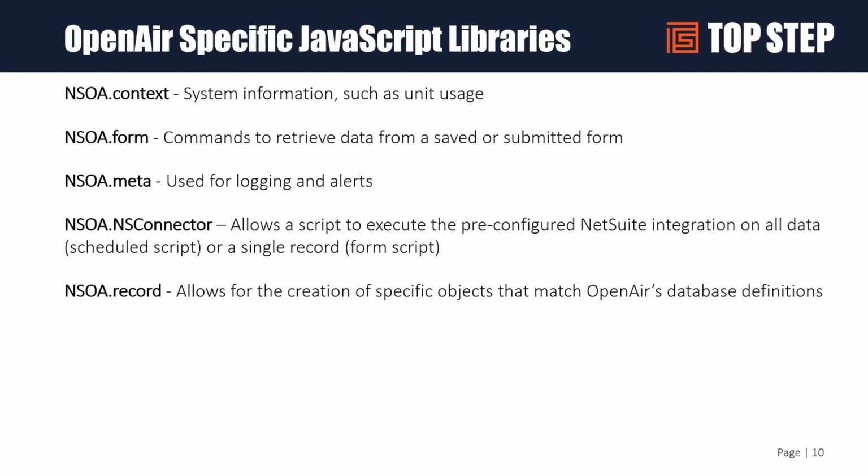The next one is the NSOA record. Allows for the creation of specific objects that match OpenAir database definition. The NSOA.record are the JavaScript objects that represent the OpenAir libraries. And through these records, you have access to all the different fields within that object.